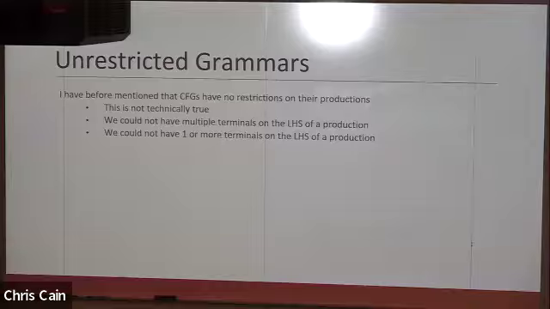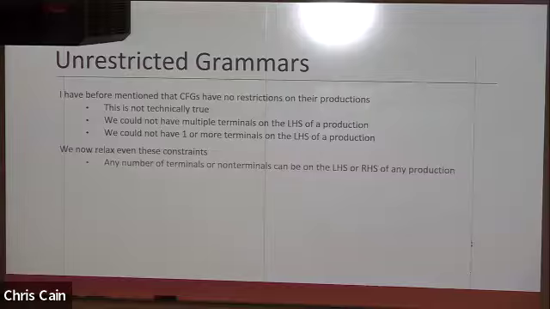Let's take a second and think about what would happen if we did that. So now restrictions are gone. Any number of terminals or non-terminals are legal on the left-hand side or right-hand side of any production. We will say there has to be at least one terminal or non-terminal on the left-hand side.